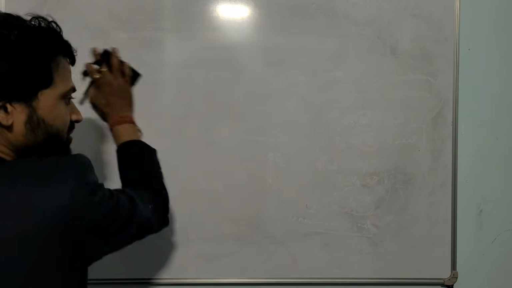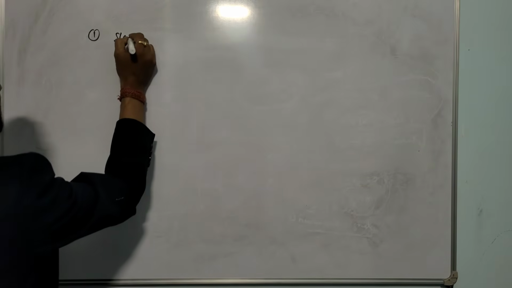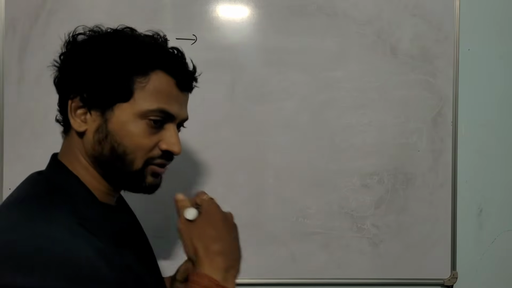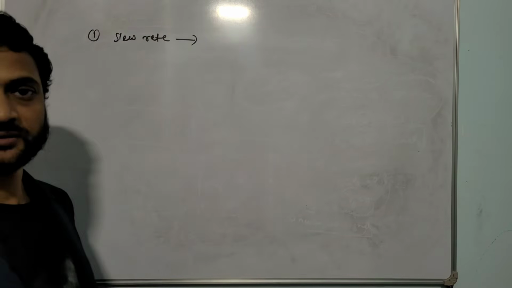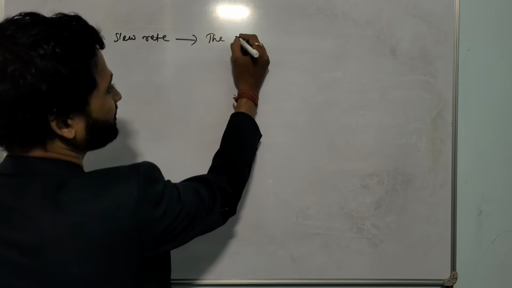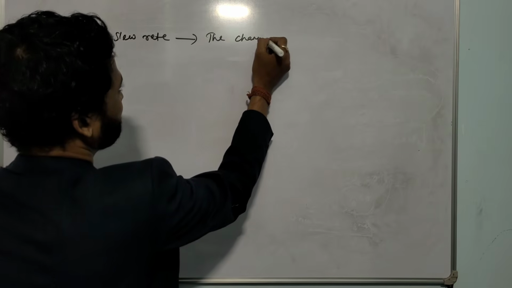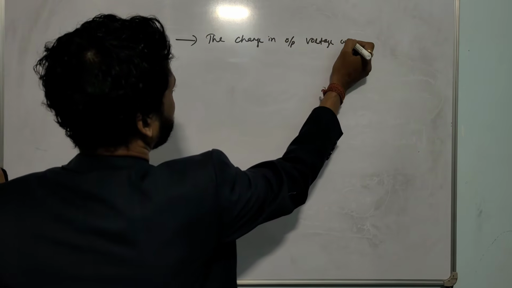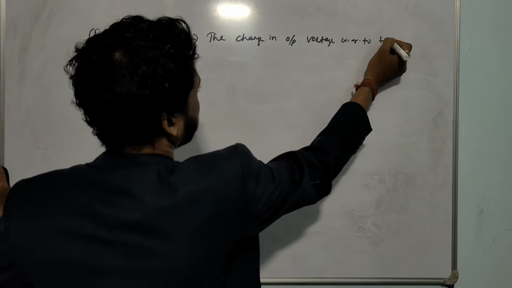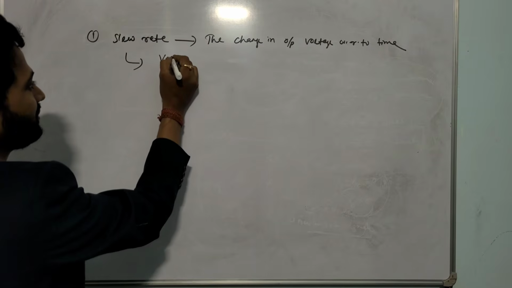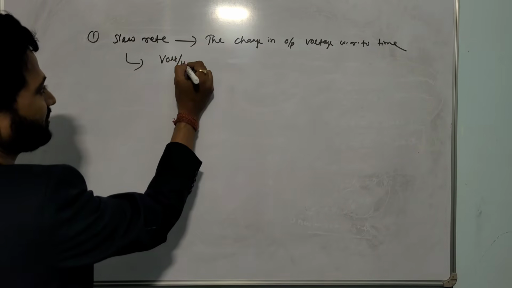Okay, next some terminology we should remember. The first one is slew rate. Slew rate क्या होता है amplifier में, the rate of change of output voltage, मतलब the change in output voltage with respect to time, right? What is its unit? Unit is volt per second or microsecond.